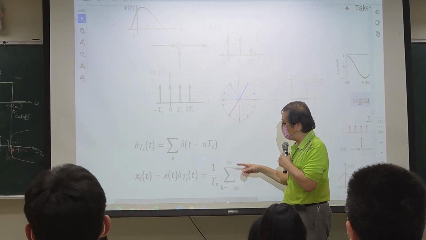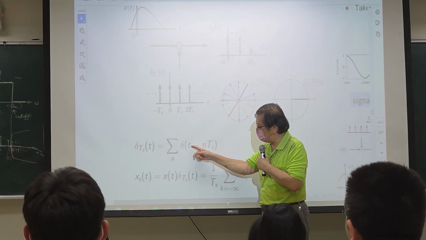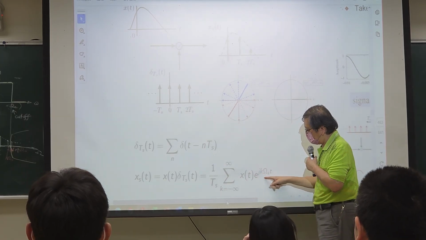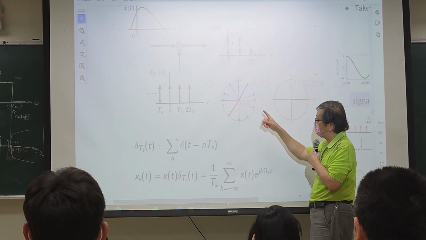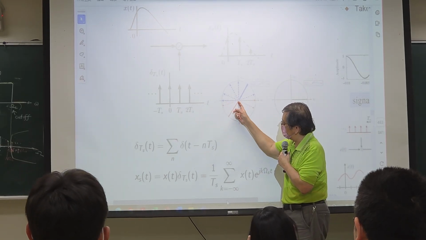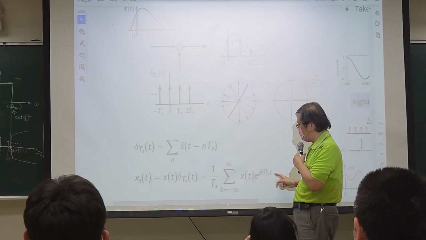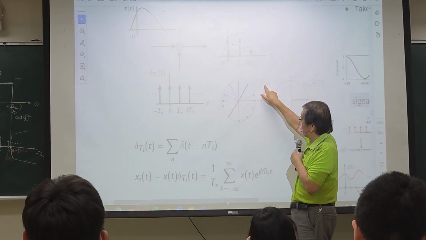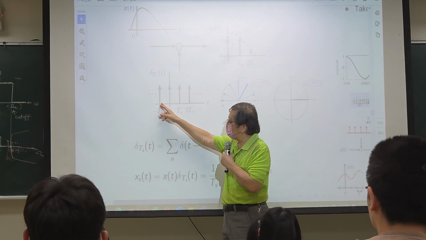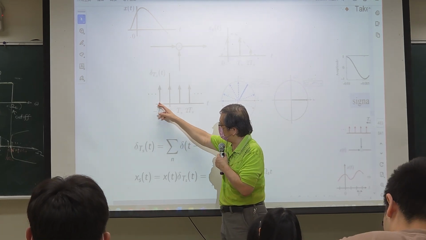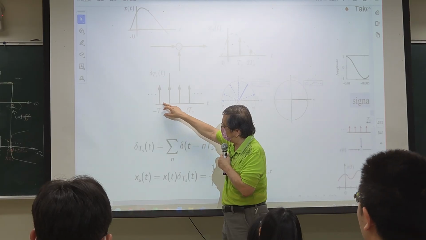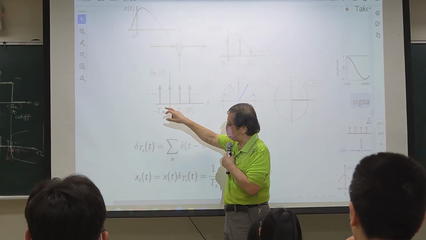Okay, and then for those t which are not equal to a multiple of Ts, the sum of those infinite complex exponential functions turns out to be 0. That's very interesting. So that's why in the time in between the sampling times, nothing here. Actually, that's a 0.